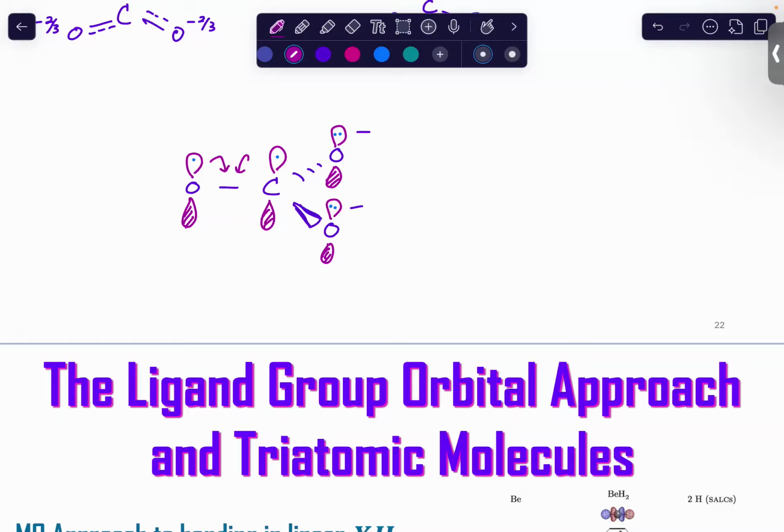So if we did the little program that makes the orbitals, it would have two big clouds on either side.